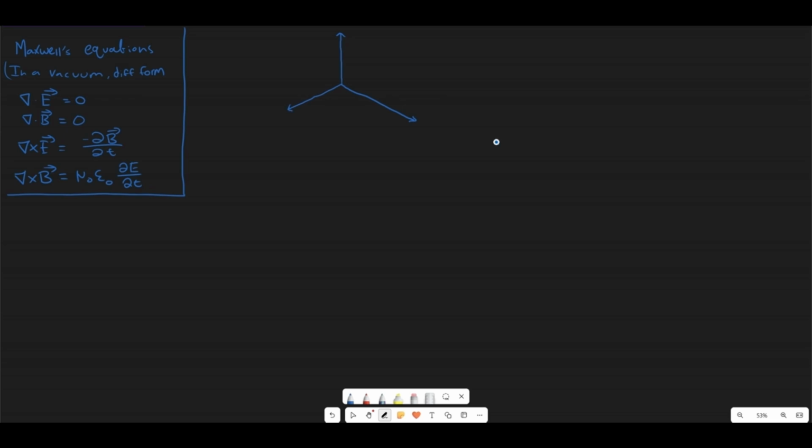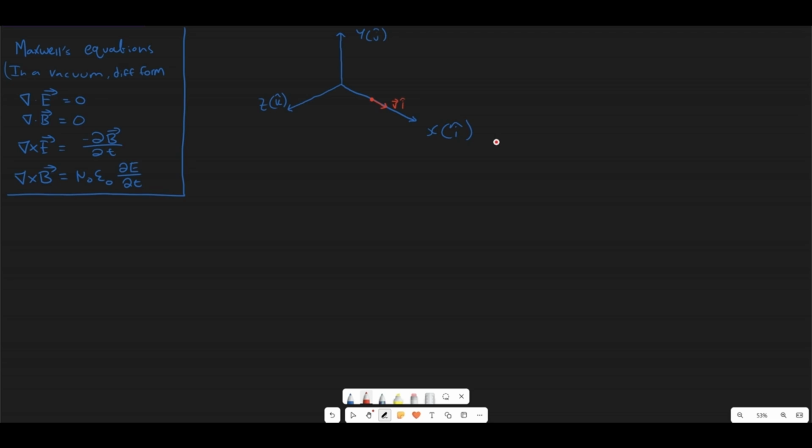So here we've got our x-axis or the I-hat direction, and then we've got my y-axis or my j-hat direction, and then my z-axis or my k-hat direction. And so say you have some electromagnetic transverse wave that is propagating through space in this I direction, right? And that's its velocity, v. And that's in the I hat direction.